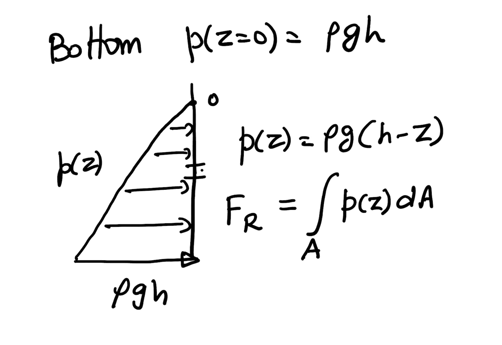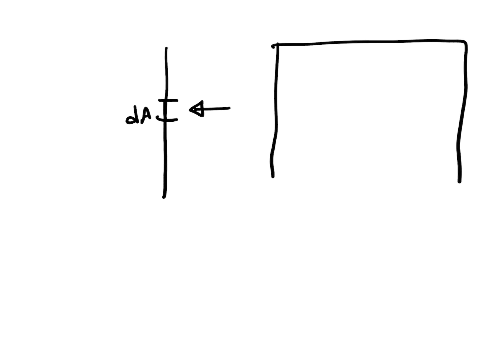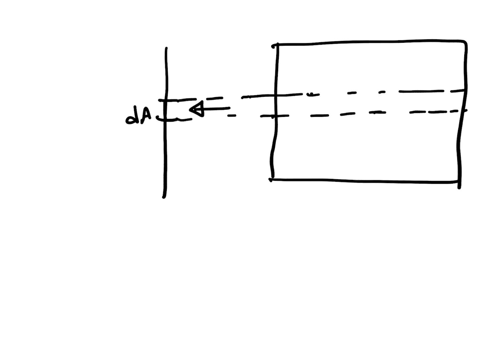That is, I'm taking a small area dA, and this is the side view. Remember, this is the side view. So if I have the side view here, I'm taking dA. If I see it from the front, I'm going to have the side wall. This is the side wall, and this direction is Z, and let's say this is the patch.